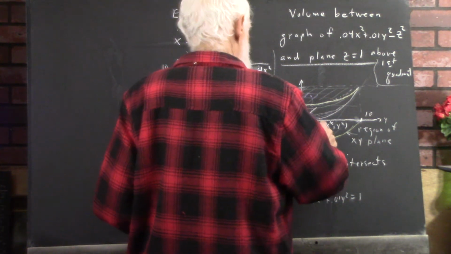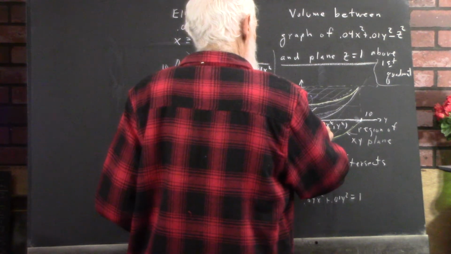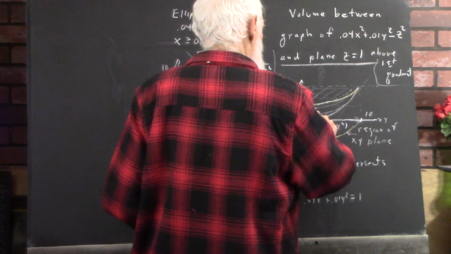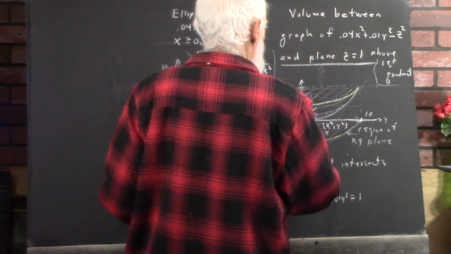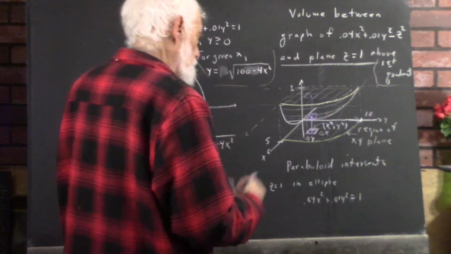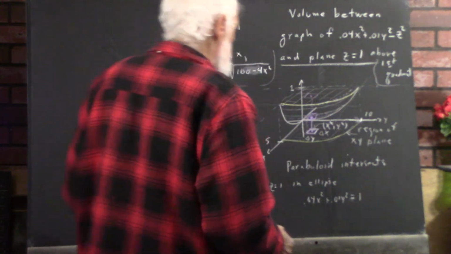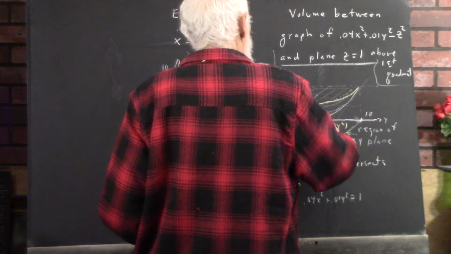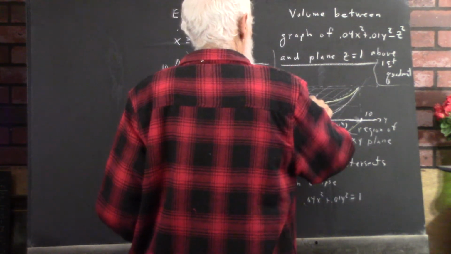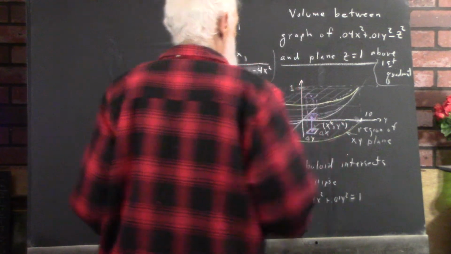Down here, you have a sort of a curved section of the surface, which is hard to see from underneath, so take this with a grain of salt. And you have all the volume between here and here.